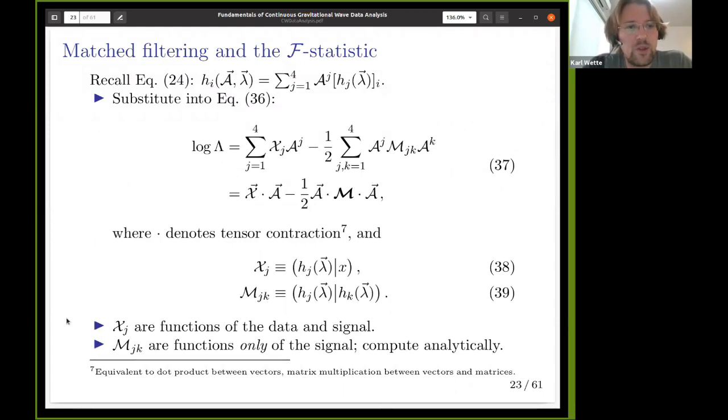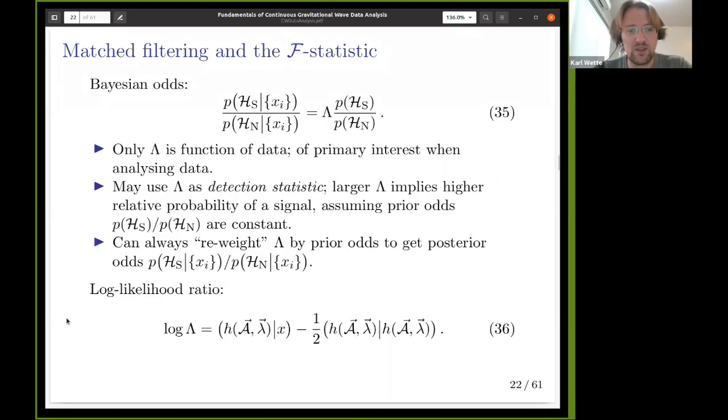The next thing we're going to do is recall equation 24. We had the signal model h being in terms of these four amplitudes A_j times these basis functions h_j. So we can substitute that model into our log likelihood given by equation 36.